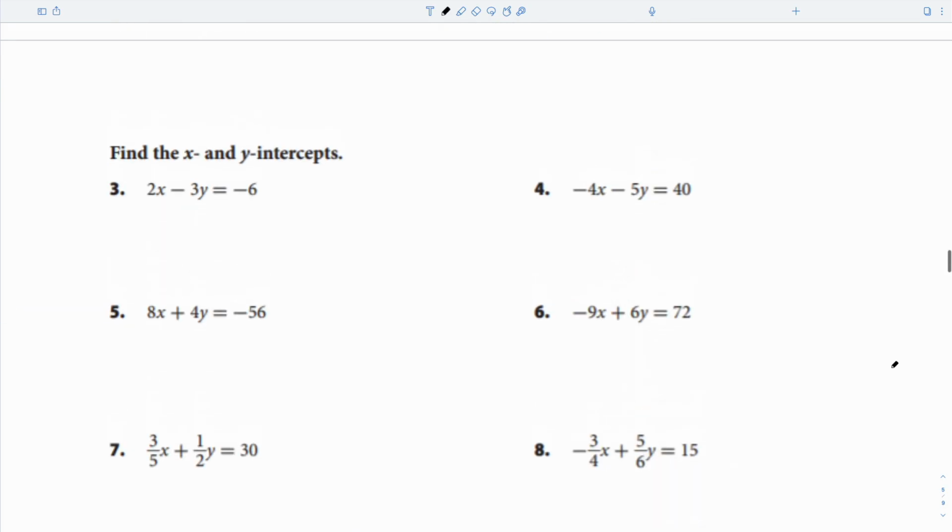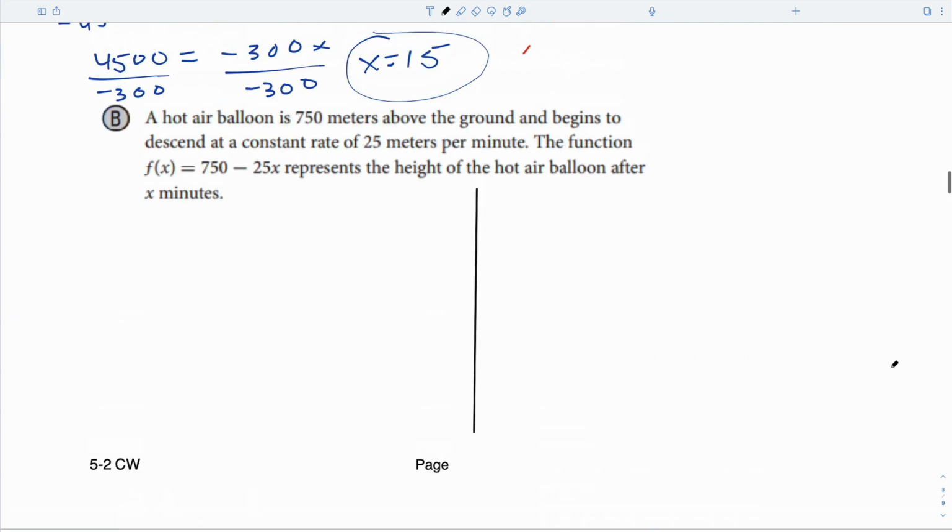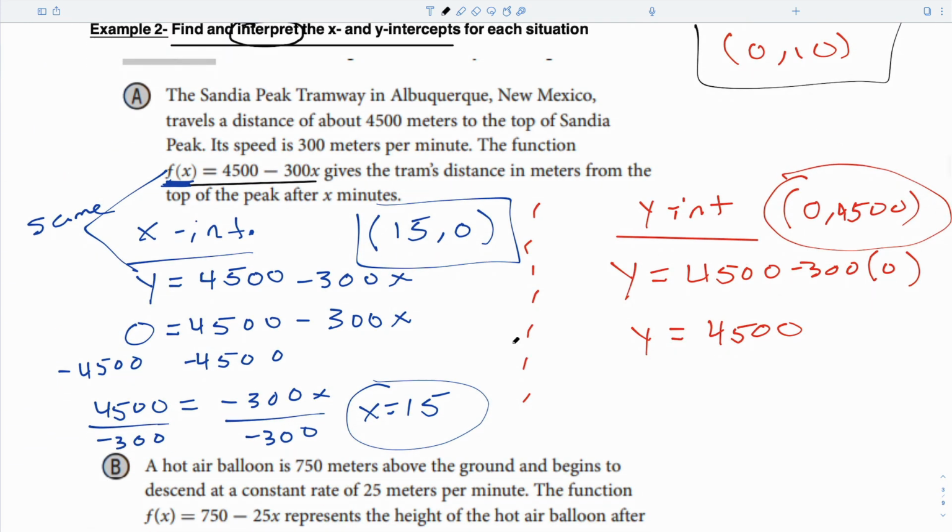If you're finished early, go up to example A and try to make a sentence for what the 15, 0 equals. What does 0, 4,500 equal? One sentence, just a statement below the red part. What does that actually mean? That's the interpret part of your answer.